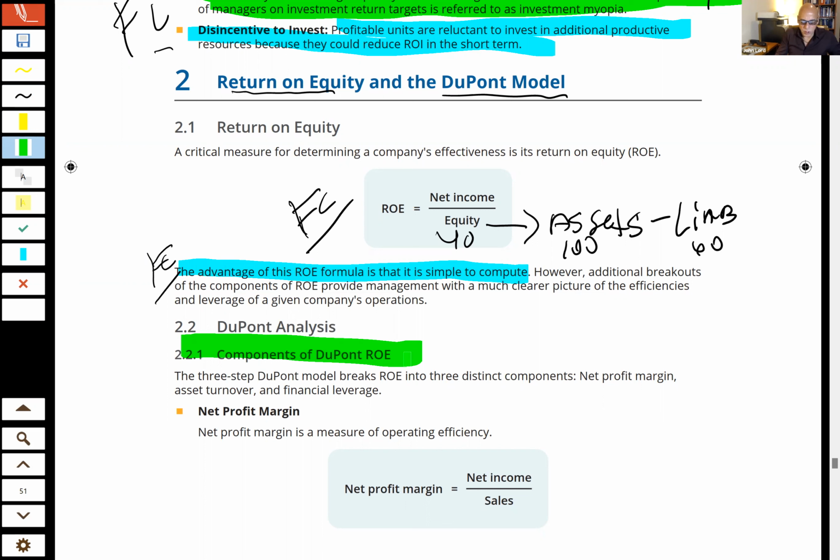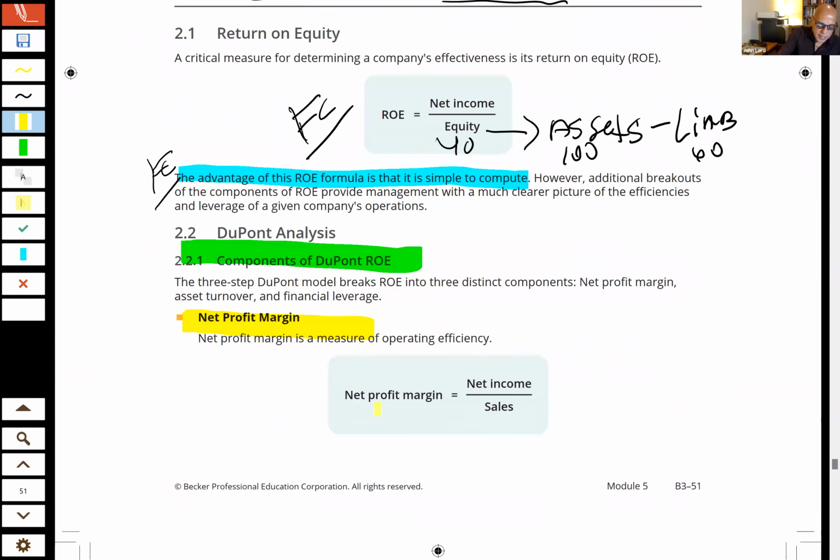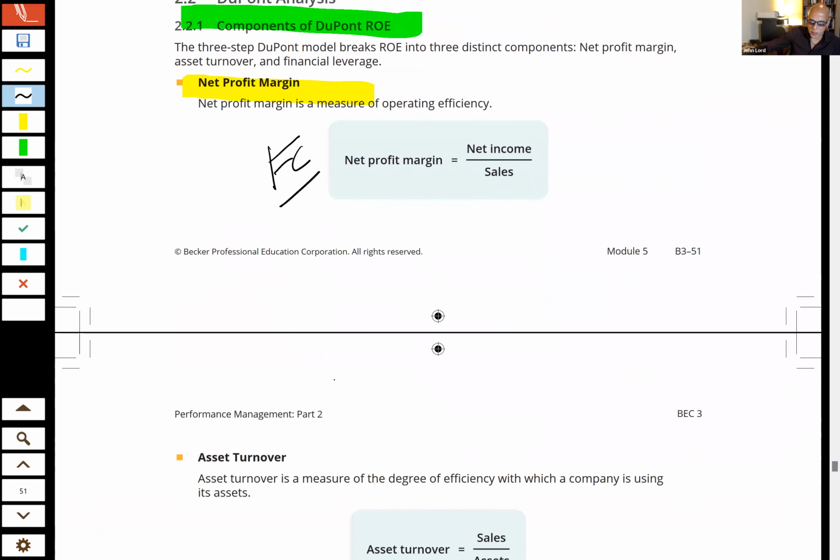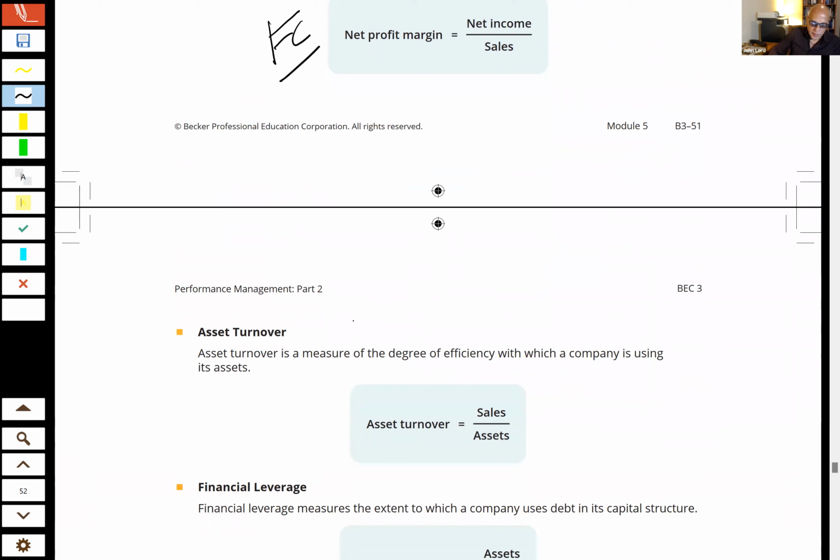And so we're going to look at those factors now, starting with net profit margin. Net profit margin is how your sales contribute to your net income. Flashcard that. Again, guys, don't ask me to get too sophisticated with the explanation here. Asset turnover is going to be my sales divided by my assets.